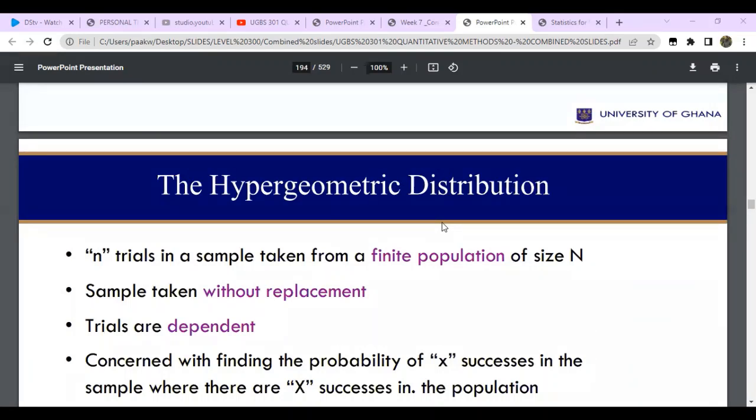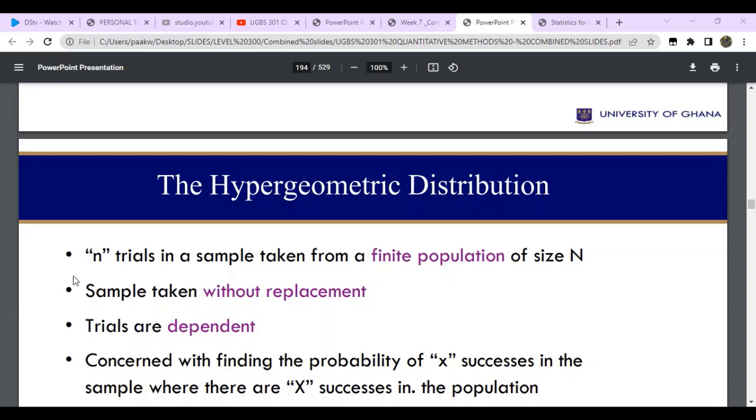Now we are saying with this distribution, within a trial, there should be 2 possible outcomes per trial. I repeat myself, within one trial, there should be 2 possible outcomes per trial. So n trials in a sample taken from a finite population of size N. So this one deals with the population and the sample.